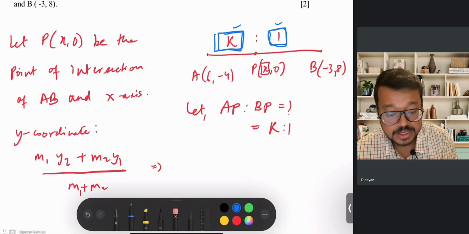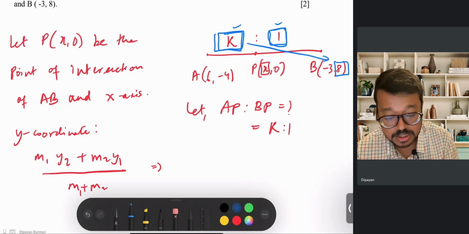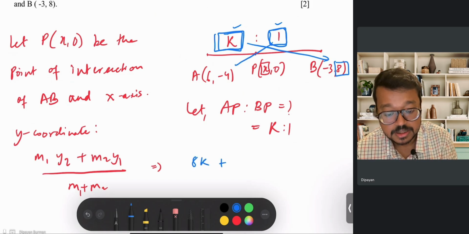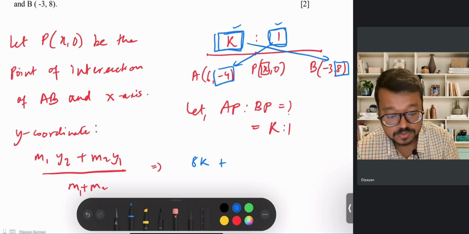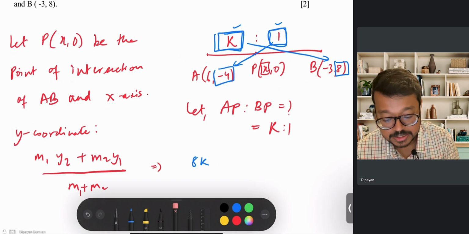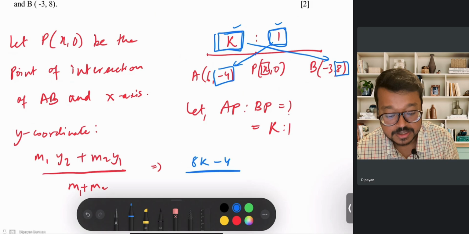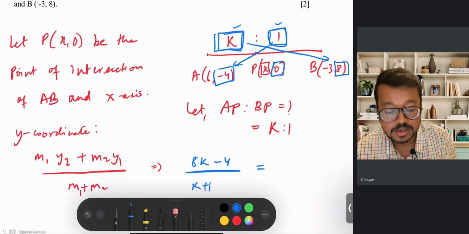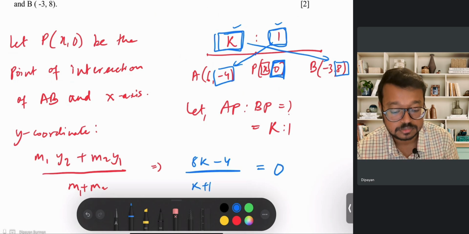So we have k multiplied by the y coordinate of that point, which is 8. So we will have 8k plus 1 multiplied by this y coordinate, which is -4. So this is (8k - 4) divided by (k + 1), and that is equal to the y coordinate of this point, which is 0.